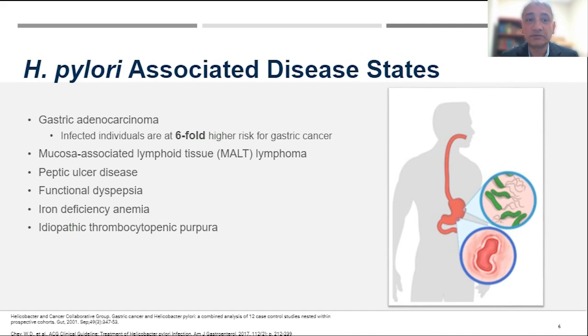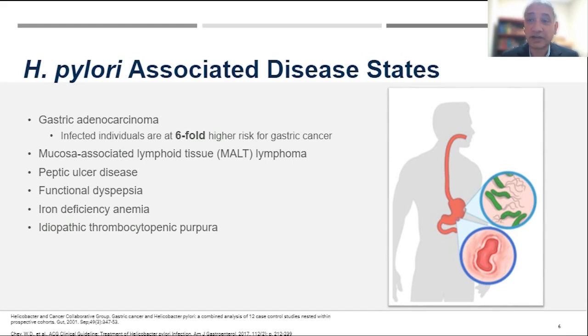Peptic ulcer disease, which includes both gastric ulcers and duodenal ulcers, is caused in up to 80% of cases by H. pylori. Functional dyspepsia is a term that is used to describe individuals who have upper abdominal pain in the absence of ulcer disease. And this is quite common, and individuals with this condition may have H. pylori as a cause of their symptoms.